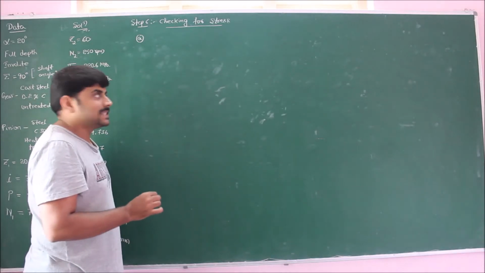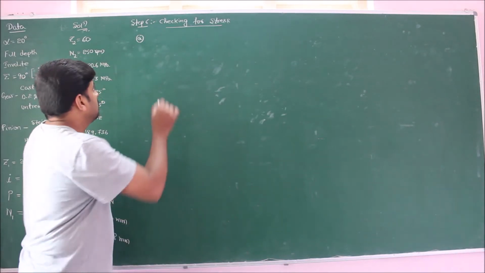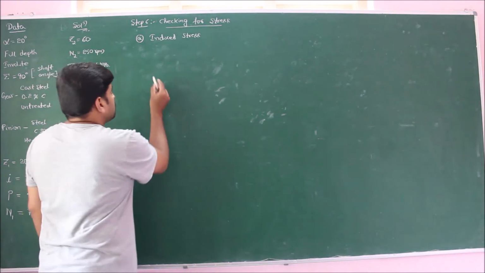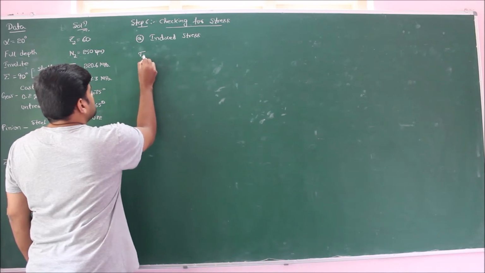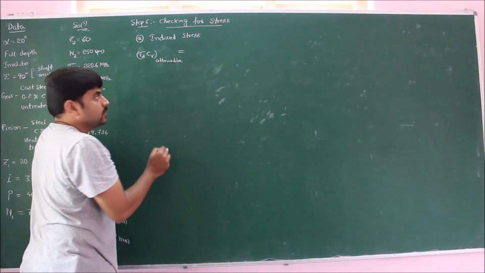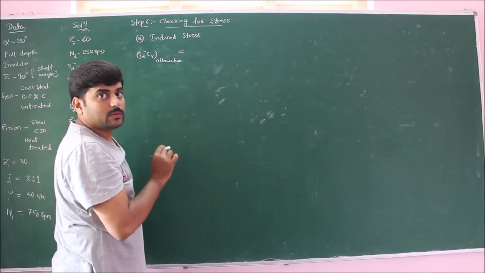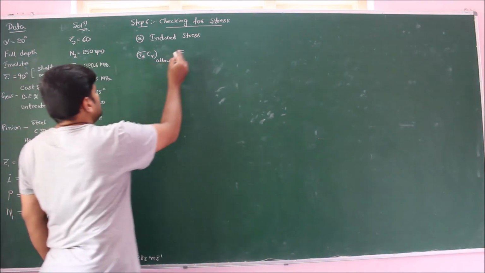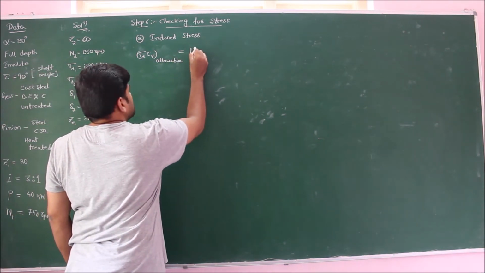Coming for step 6, checking for stresses. Let us check for induced stress first. We already know the procedure. First we should find the allowable stress, that is sigma d into Cv allowable. I should use sigma d2 because we are designing it for gear. Sigma d2 is 138.3.